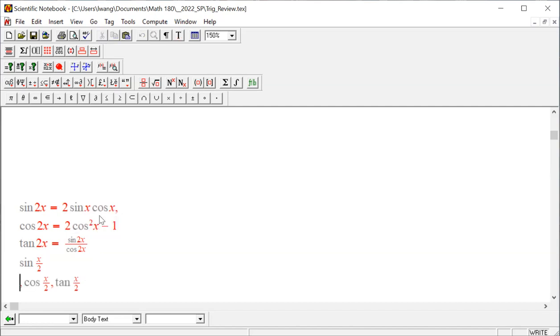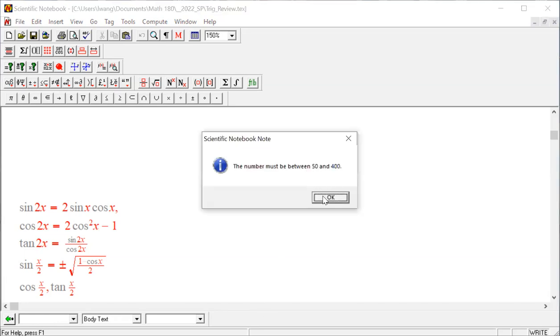Half angles, we have to determine the sign. Cosine half x is equal to plus or minus the square root of (1 plus cosine x) divided by 2.